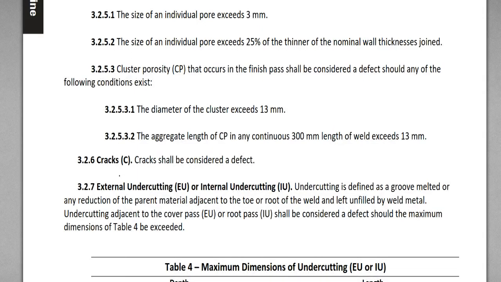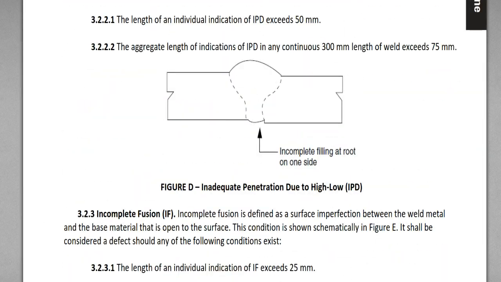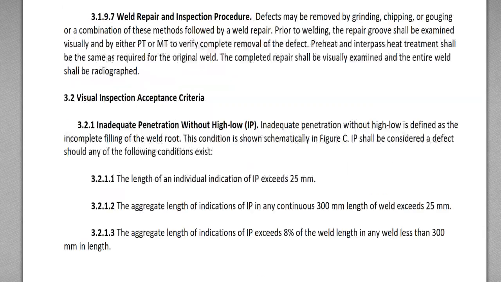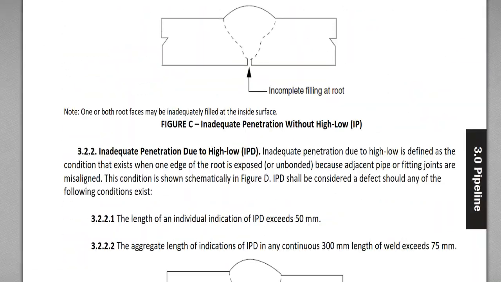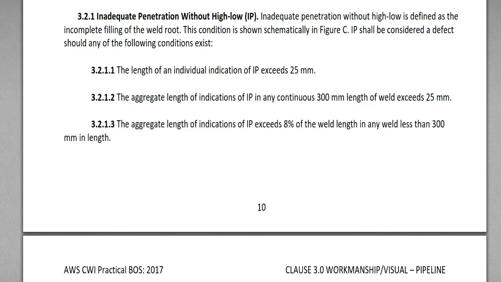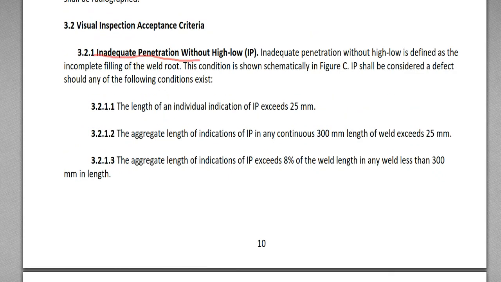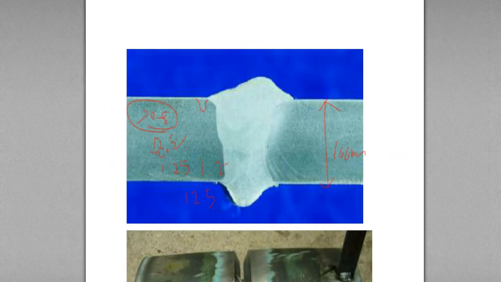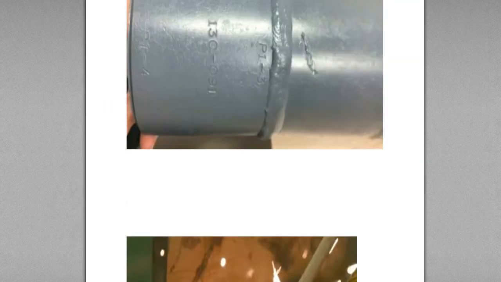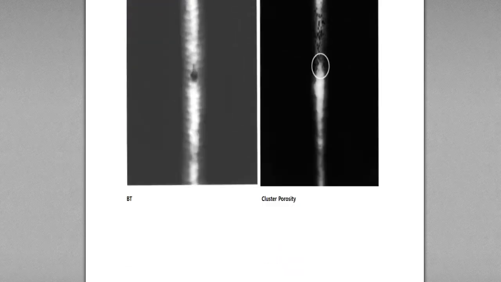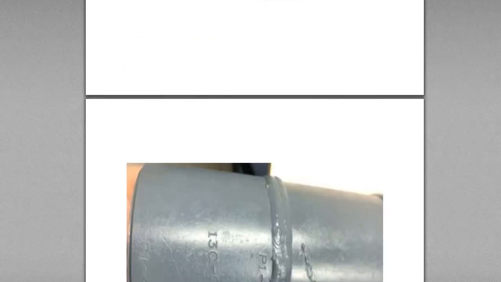Before I finish my lecture, I'm going to show you the actual questions. 3.2.1, inadequate penetration without high-low. In the CWI Part B actual question, only this inadequate penetration without high-low IP is coming up. And the picture of the IP, where is it? I cannot find it.